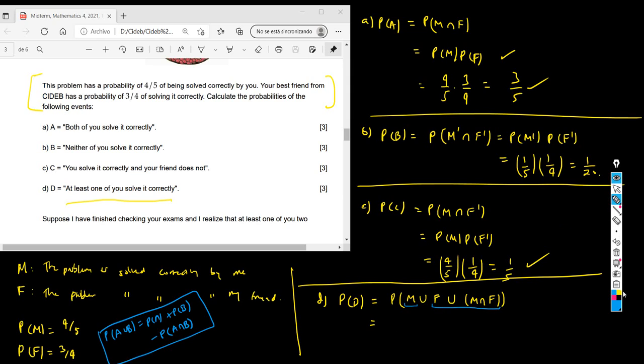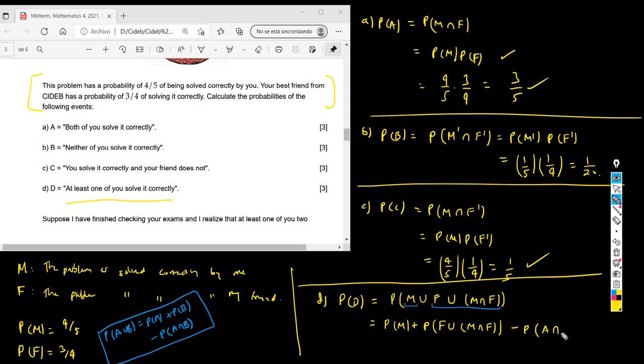And proceed to write the formula. So this is going to be equal to the probability of M plus the probability of all of this, minus the probability of the intersection of this and this.